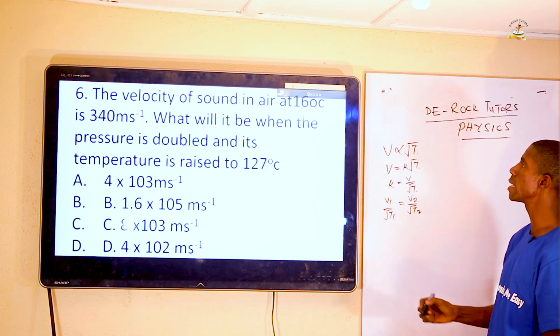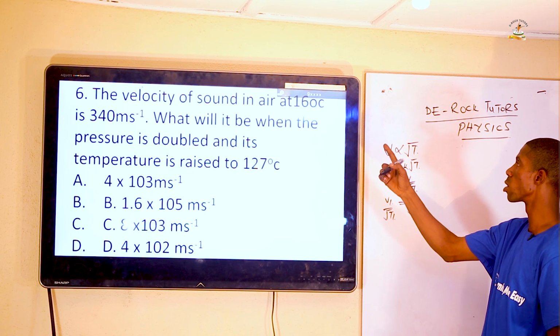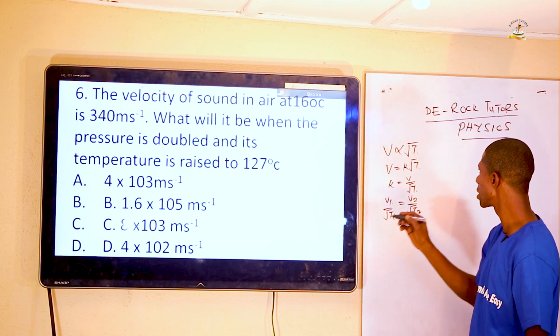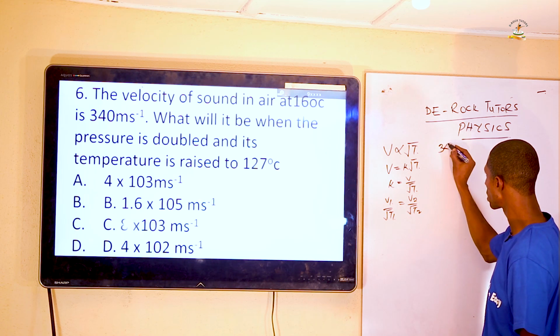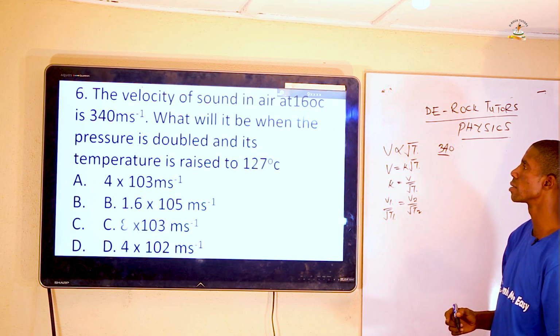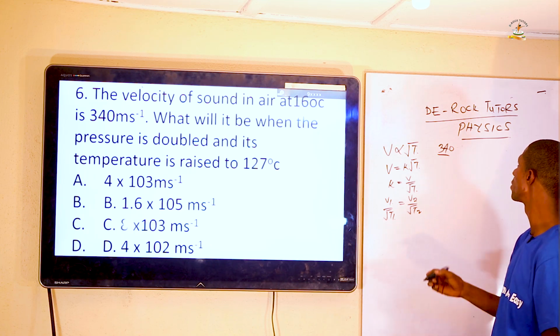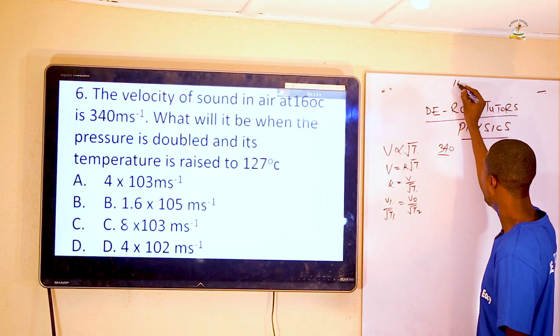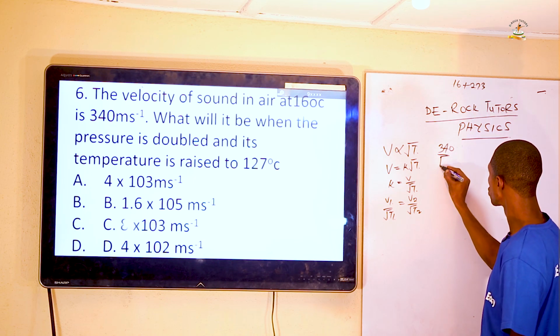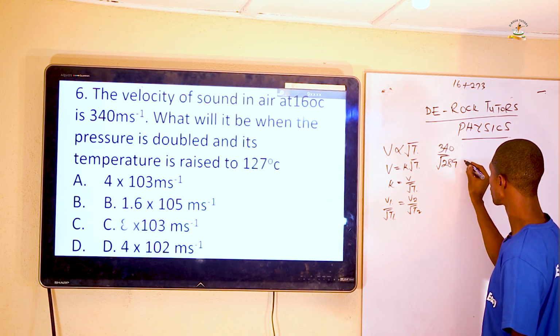In the question here, my initial temperature was 16 degrees Celsius and the initial velocity was 340 meters per second. To convert that 16 degrees Celsius to Kelvin, I will add 273 to it, and that will give me 289.